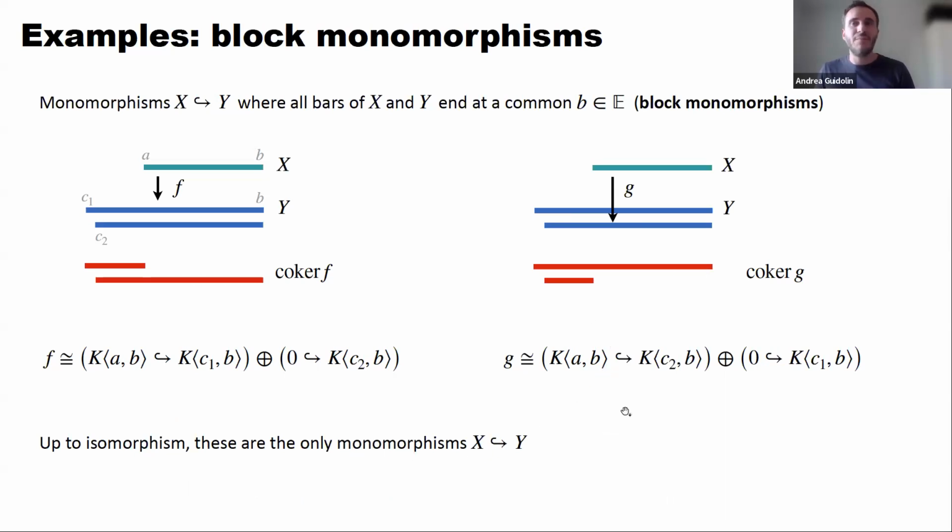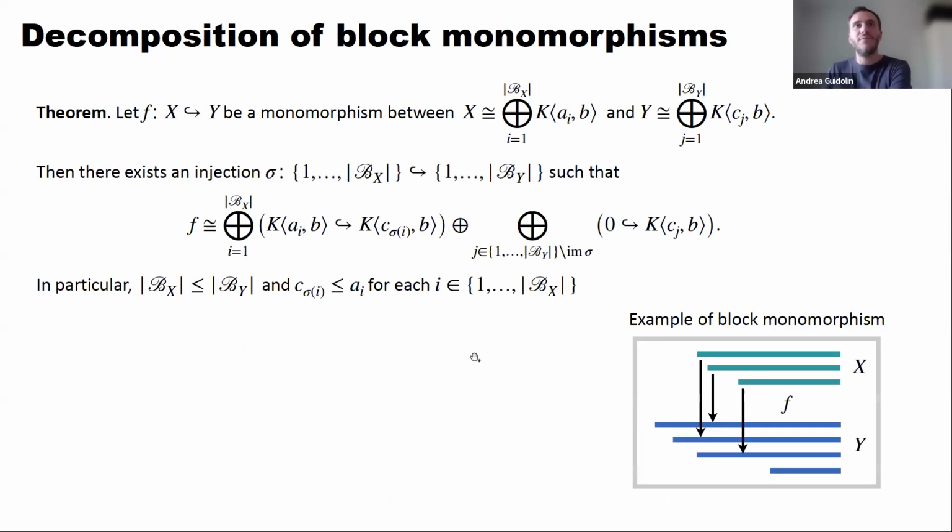So this example is an instance of a theorem that we have, which is the following. It's a decomposition theorem for block monomorphisms. If f is a monomorphism between two persistence modules whose bars all end at a common point b, then there is an injection between the barcodes such that f decomposes as a direct sum of these monomorphisms between individual bars, where some bars in the domain can be 0.